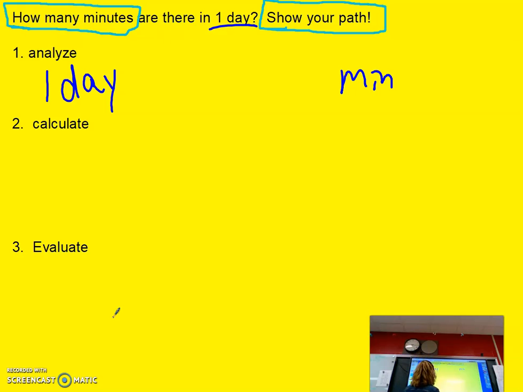All right, so what conversion factors might we need? My first step here, and I'm going to write this in table form just as an option. That's not the way I presented this before, but for some students, they don't want to do this. For other students, it's easier to use the table method. You do whatever works for you.